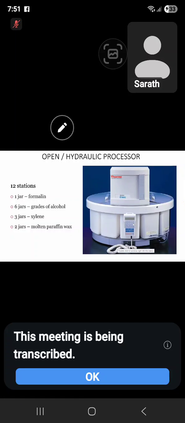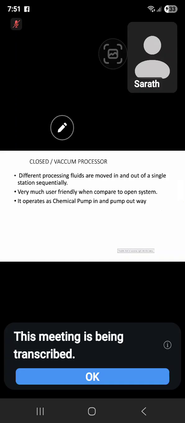But there's another one called a closed system. In the closed system, the set of tissues is kept in a constant, permanent place. Now in the open system, tissues are transferring from one container to the next one. But in the closed system, the stationary phase is the tissue.